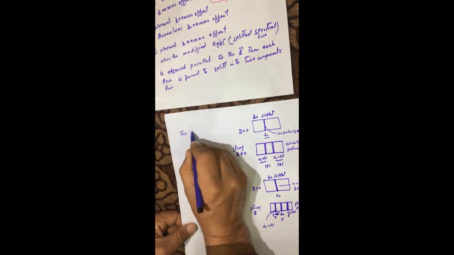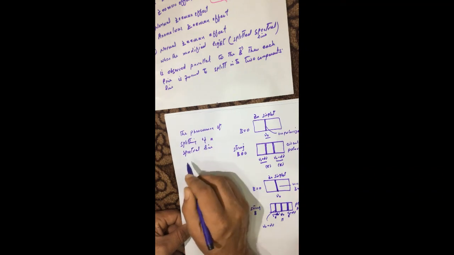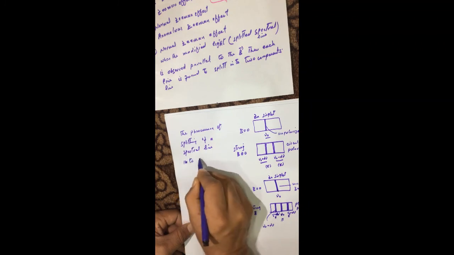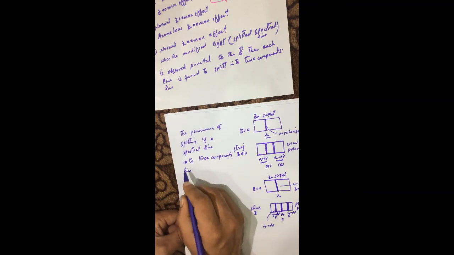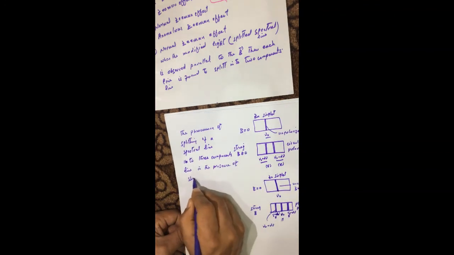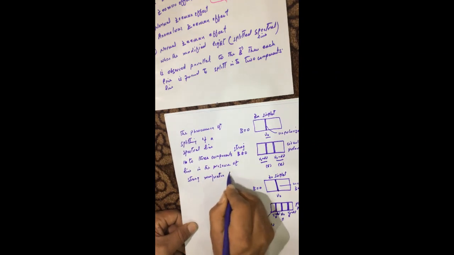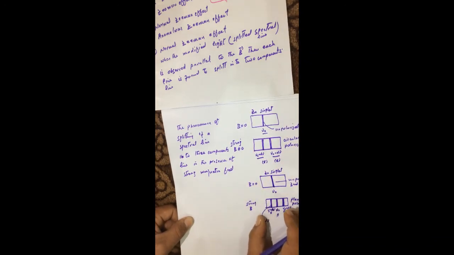So it means that the phenomenon of splitting of a spectral line into components in the presence of a strong magnetic field, two components when we observe in a direction parallel to the magnetic field, and three components if we observe in a direction perpendicular to the magnetic field.